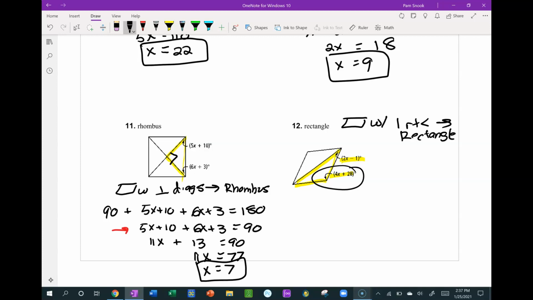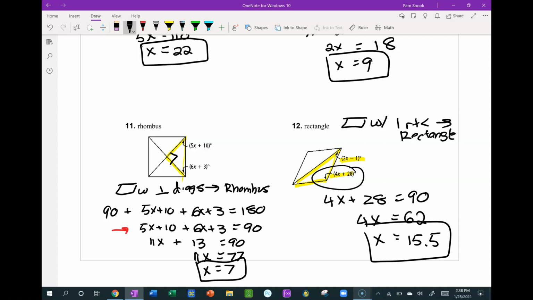So that other business, the 2x minus 1, that's a distraction, and you don't need it. So 4x equals 62, I think. And then x equals. So this is where you might want to grab your calculator and do 62 divided by 4. You're not going to get a whole number, and that's okay. X is 15.5.